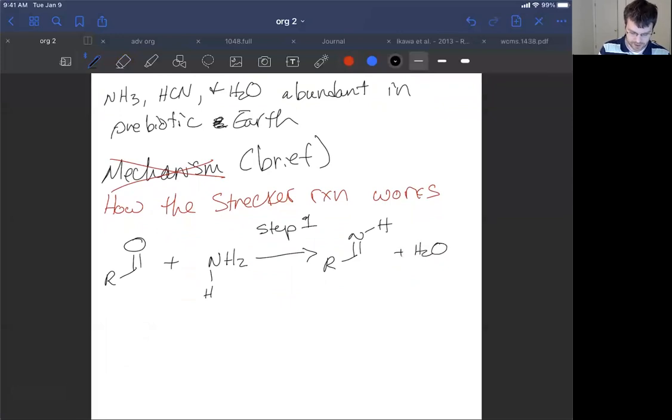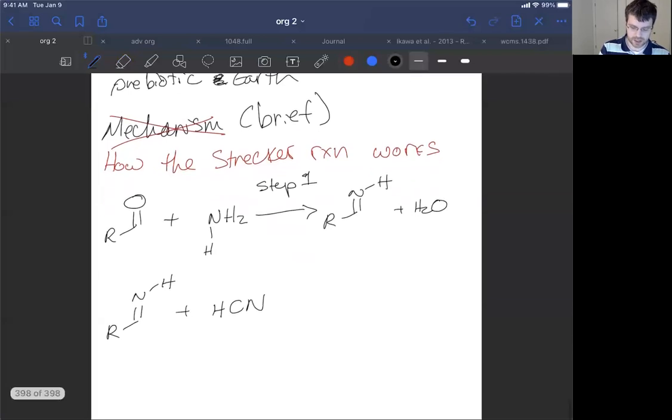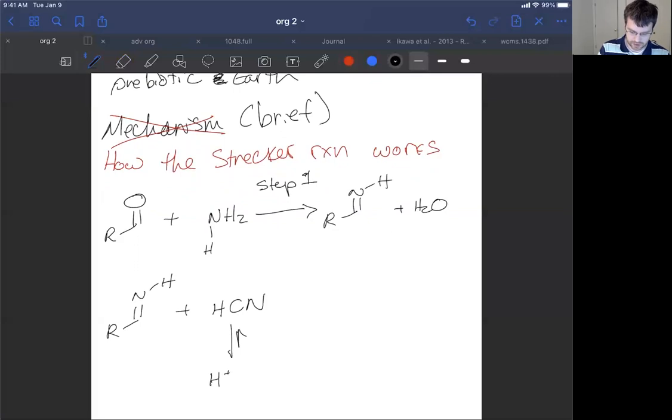In the subsequent step, step 2, we're going to take that exact same imine intermediate and react it with HCN. HCN is a pretty strong acid, so you're going to get some equilibrium where you can have CN minus and our H plus. Now this is kind of useful for us because here we have our H plus for our workup step along with CN minus, which is required for the cyanohydrin reaction.